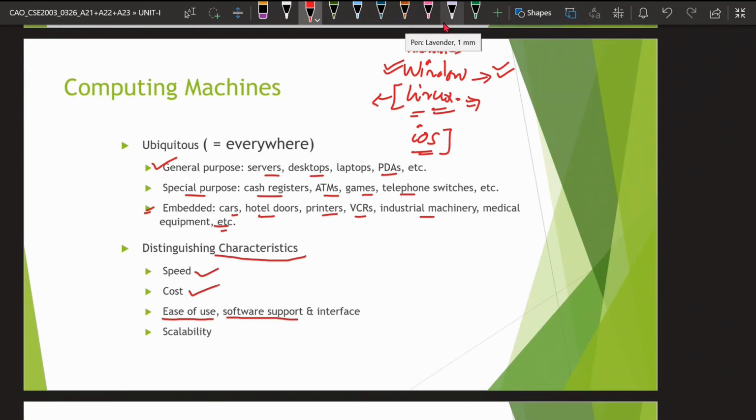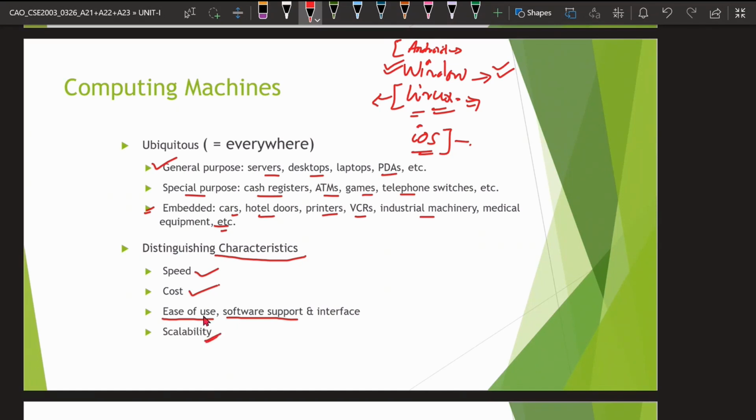So that's why Android is most frequently used and iOS is used less because it has very little software support. Okay, in terms of its store, whatever application store is there does not have that many applications. But Android supports lots of applications. So Android users are very large in quantity, and also the scalability.